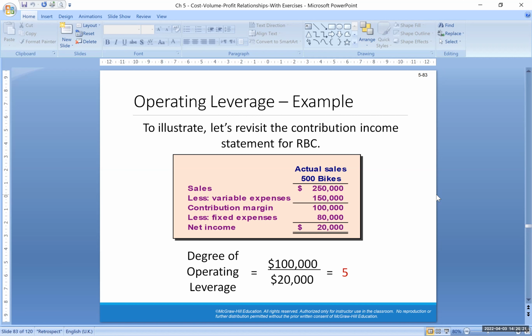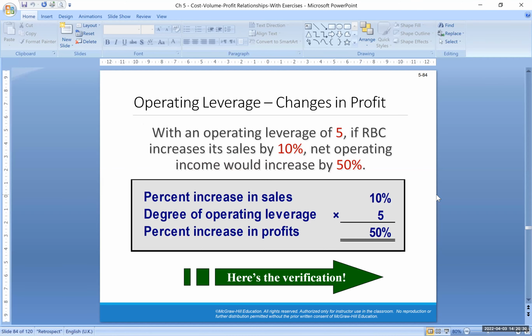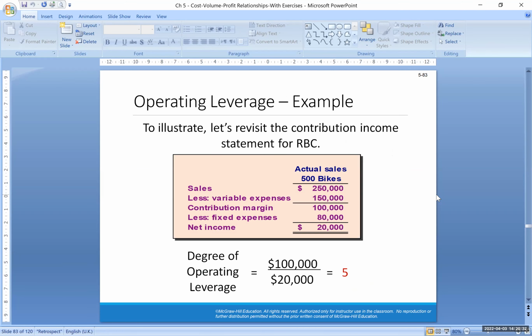Now, the degree of operating leverage is calculated by contribution margin divided by net operating income. So the 100,000 divided by 20,000. Remember that if we say contribution margin divided by sales, this gives the contribution margin ratio.